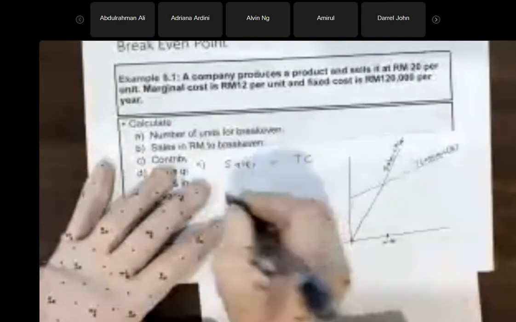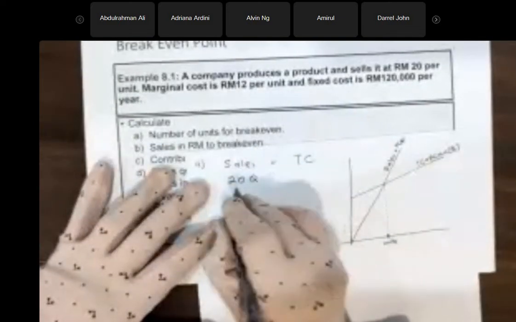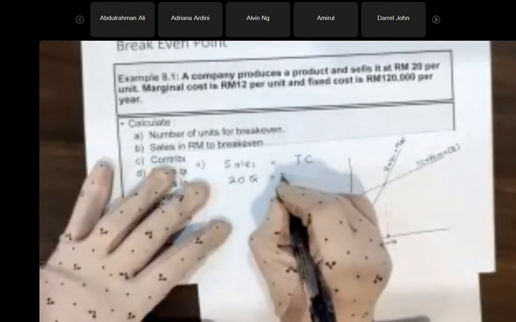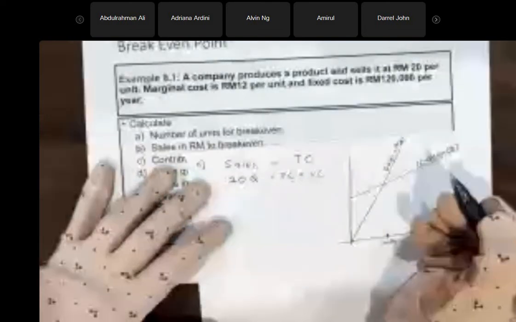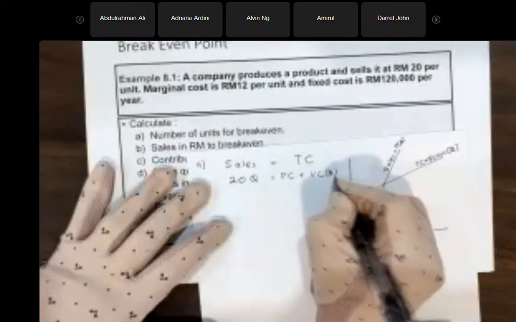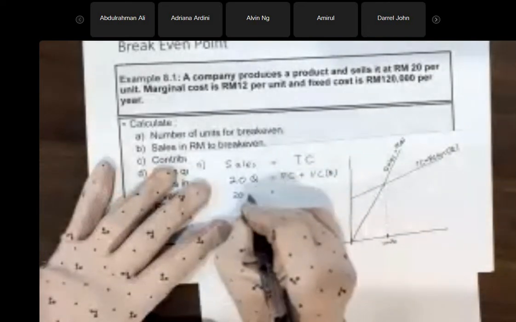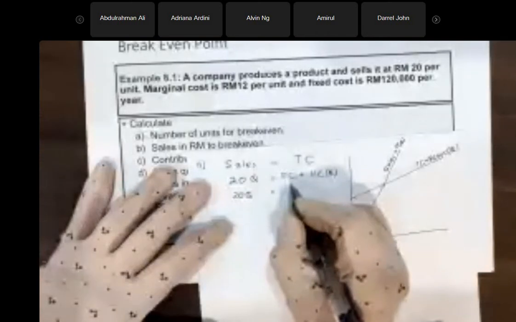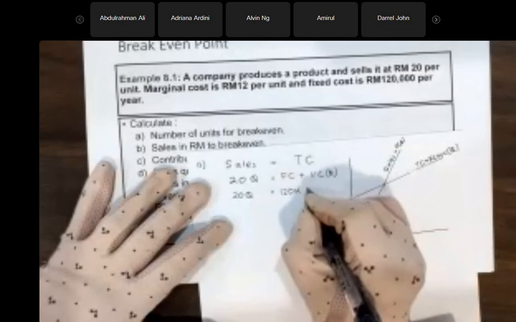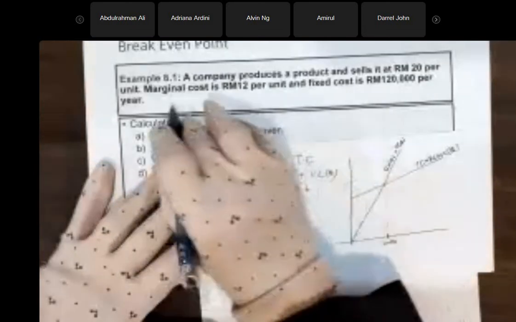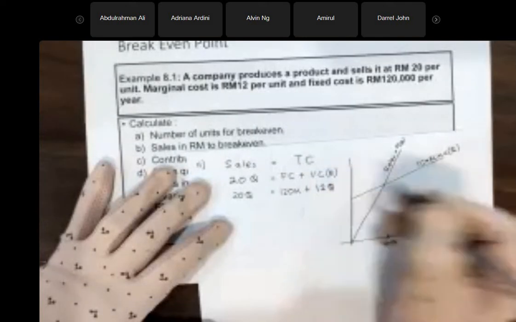Here the sales is 20Q. Sales is price times Q, and the total cost is fixed cost plus variable cost times Q. Now, 20Q, fixed cost is 120K, K meaning thousand, plus the variable cost, marginal cost, 12Q.